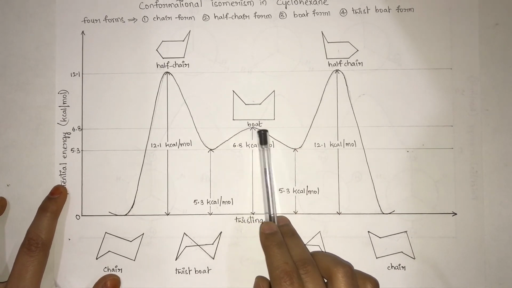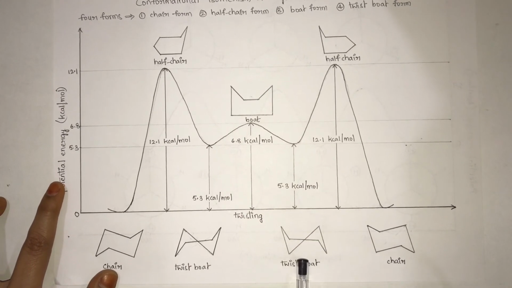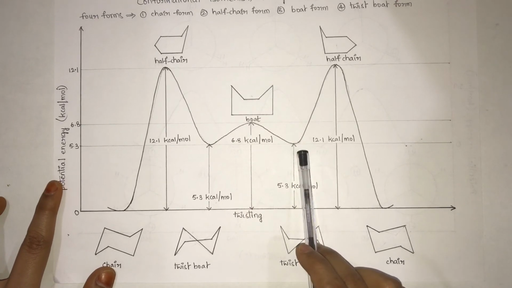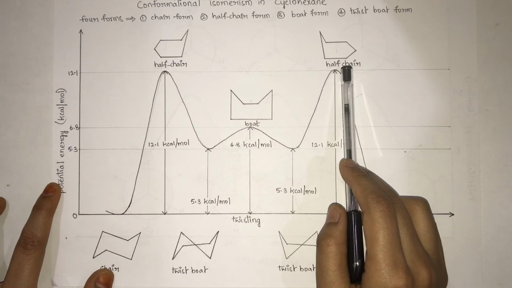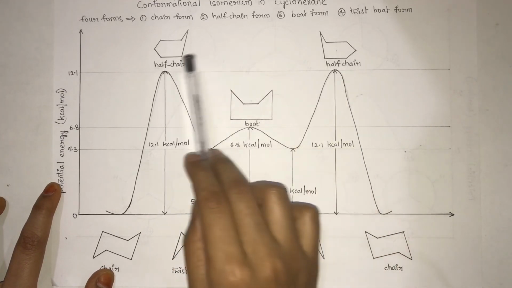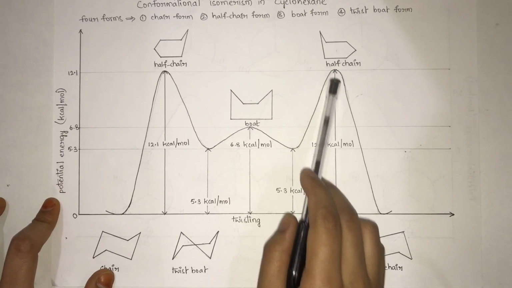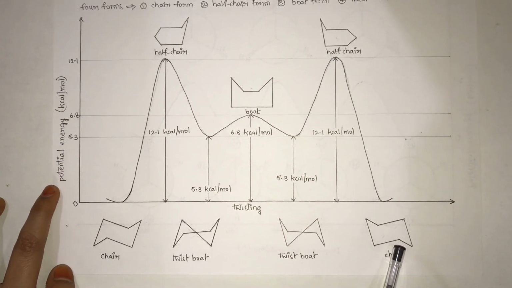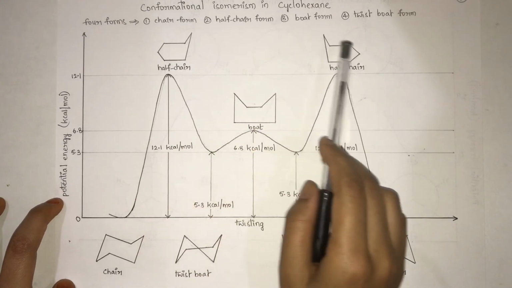Again twisting the molecule by utilizing 5.3 kilocalories per mole, it will give twist boat form. Again twisting the molecule by taking 12.1 kilocalories per mole, it will give half chair form, the opposite form. So by losing energy to 0 kilocalories per mole, it will give chair form. So this chair is opposite to that chair. Half chair is opposite to that half chair.